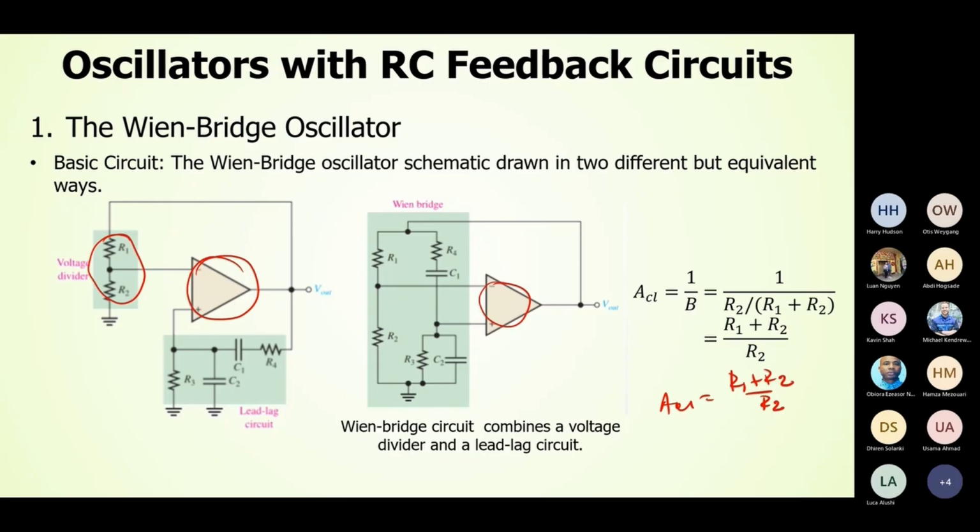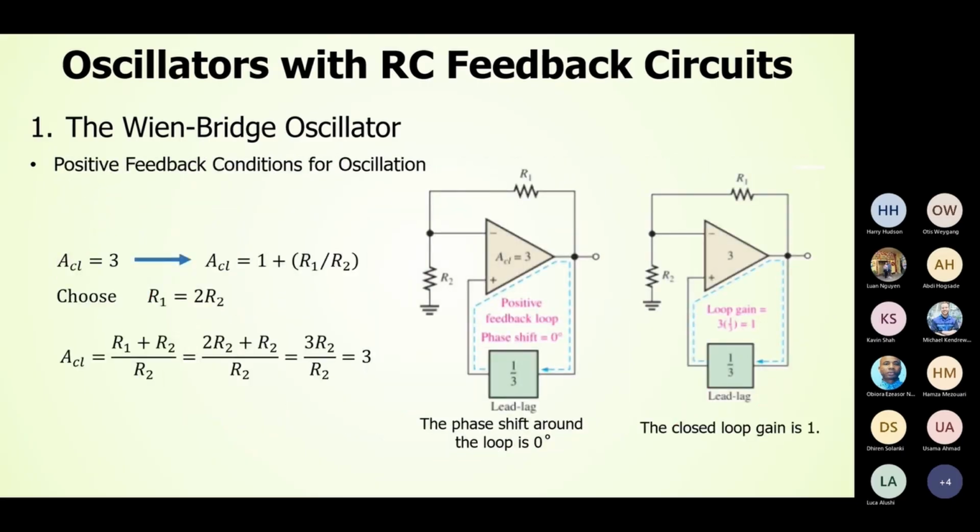Okay. Now you have to ensure that overall gain is equal to 1. So if ACL is 3, here you have to have a feedback loop gain of 1/3. So 3 times 1/3 is equal to 1. By doing this, you ensure that you have a stable output voltage.